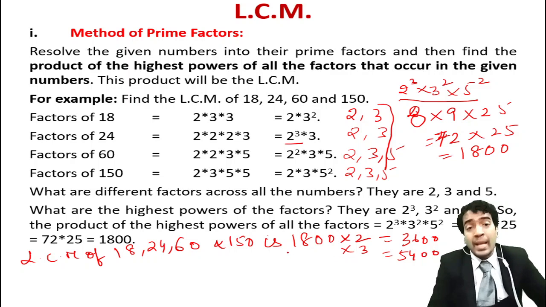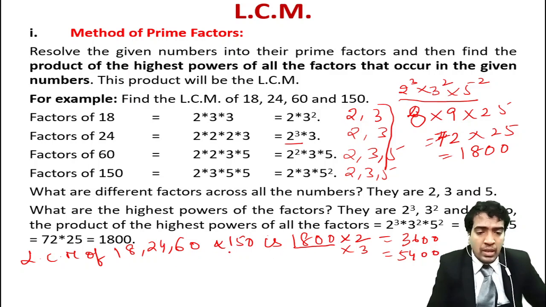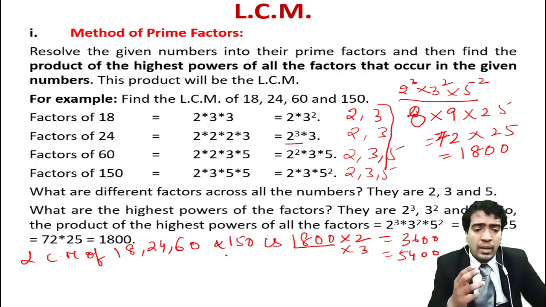Okay, and then there is no number lesser than 1800 that can get divided by all these numbers exactly. Which means there will be no number less than 1800 which gets divided by all these three numbers exactly.